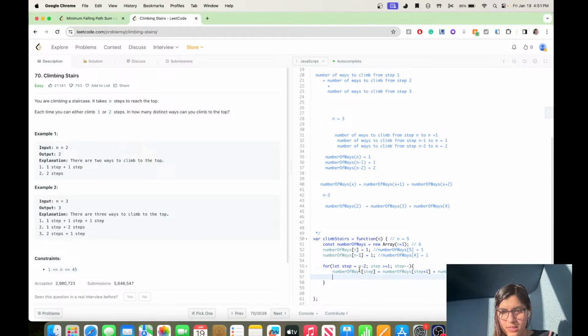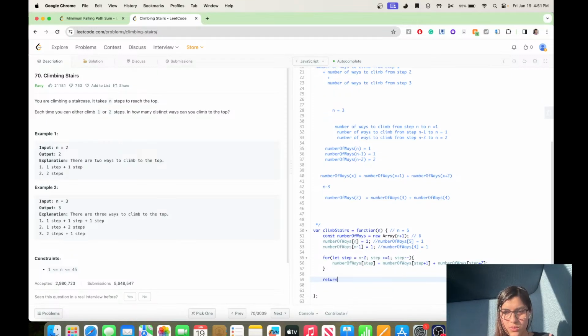So we already have n and n minus 1, so for n minus 2 it will be plus 1 and plus 2, so it will give me that answer, and it will go up to 1, right? And the answer will be equal to number of ways of 1.